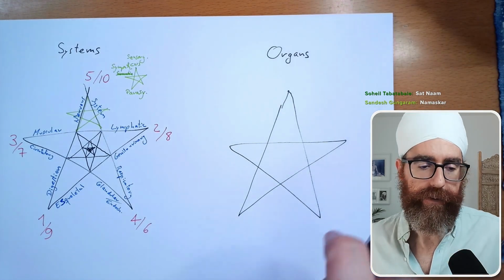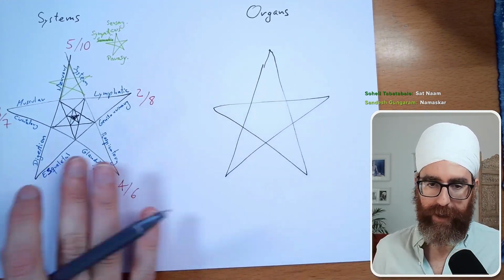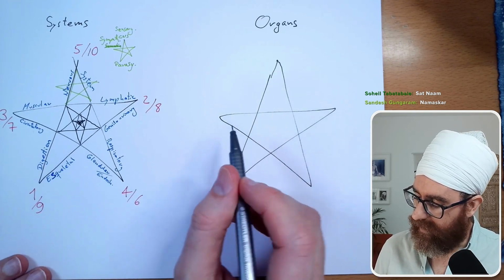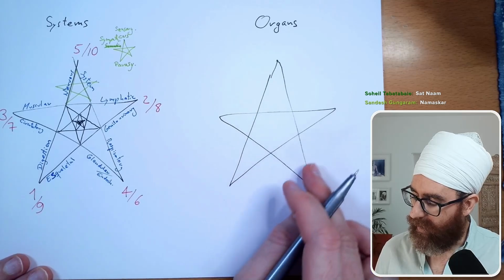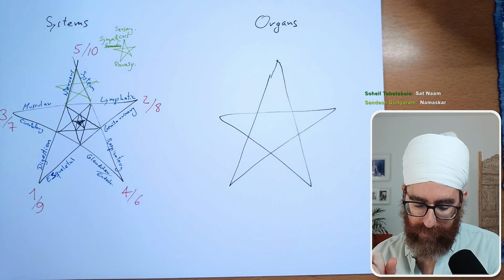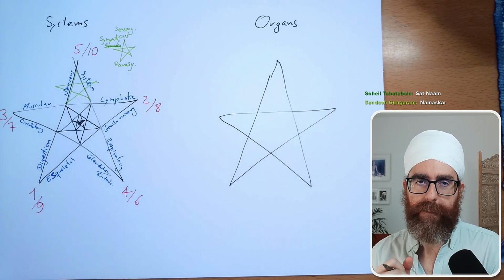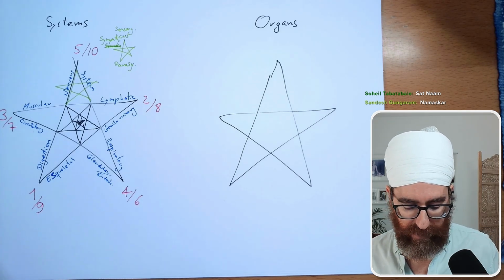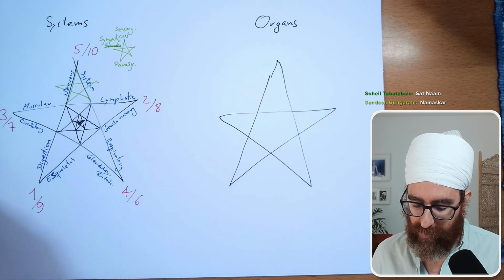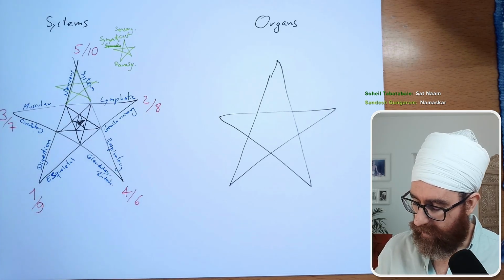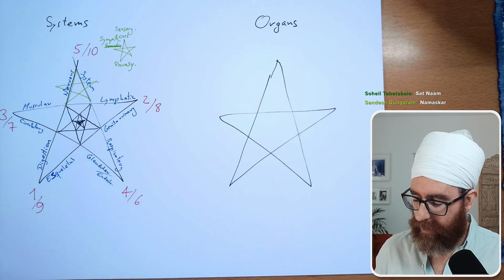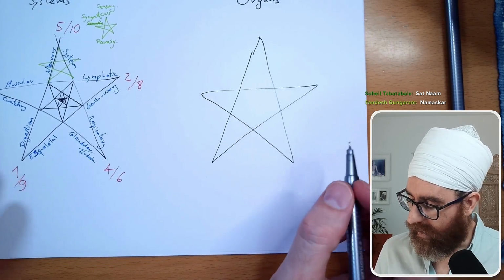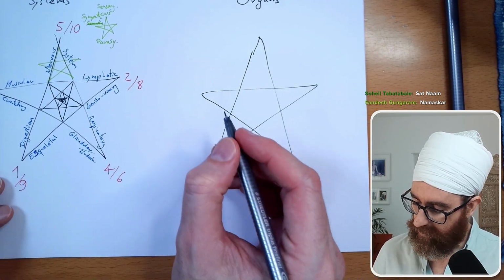Now, when we go to the level of the organs, it will be kind of connected to the systems, but the specific organ that we associate to every one of these branches are connected to Chinese medicine. We look at it from the perspective of Chinese medicine. So there may be some things that you may not see very clearly associated to Western medicine, but let's just say that this is how we associate it to Chinese medicine.